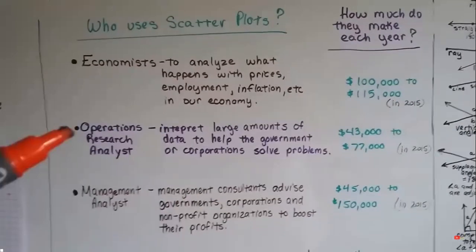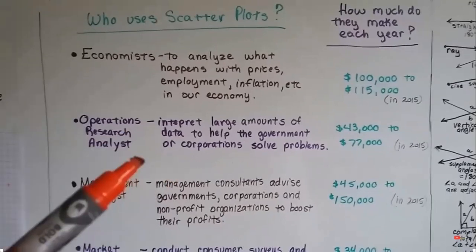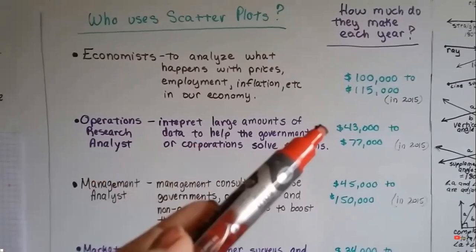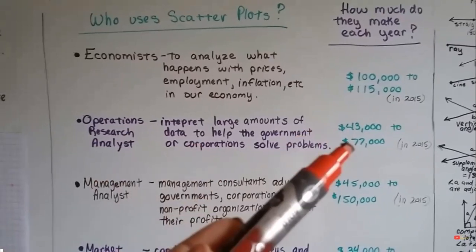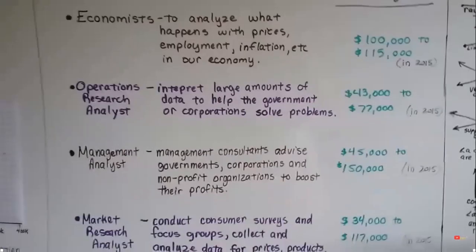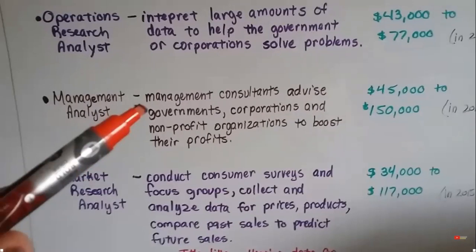An operations research analyst interprets large amounts of data to help the government or corporations solve problems with their businesses. And they make about $43,000 to $77,000 a year in 2015. A management analyst, those are management consultants, and they can either work for a company or have their own management consultant company.